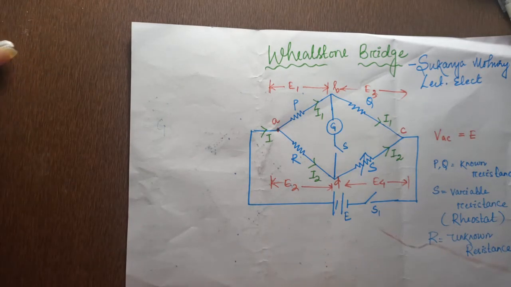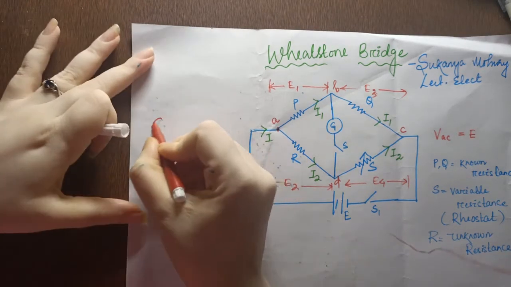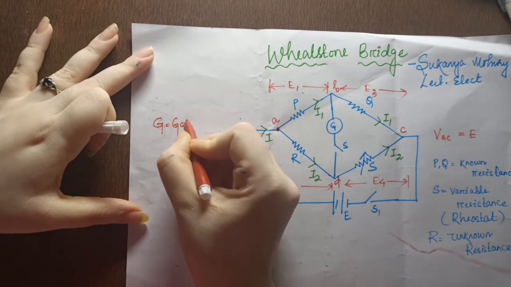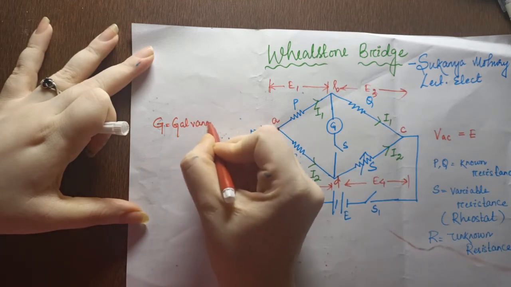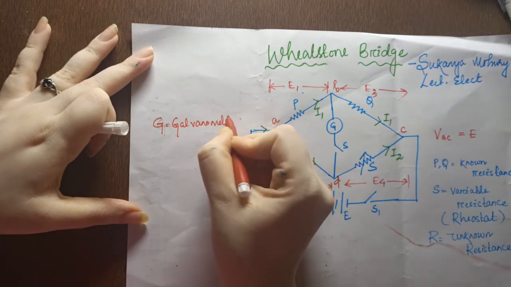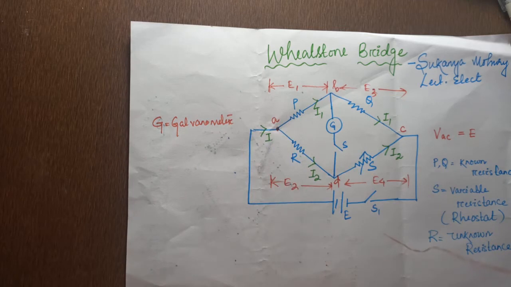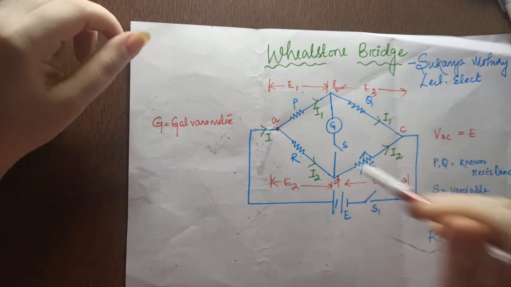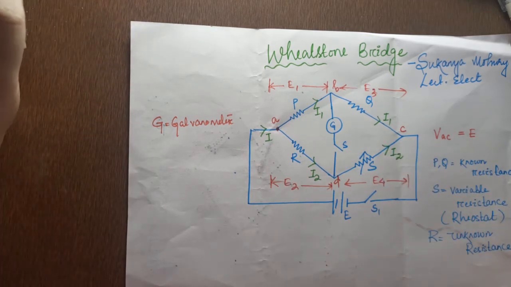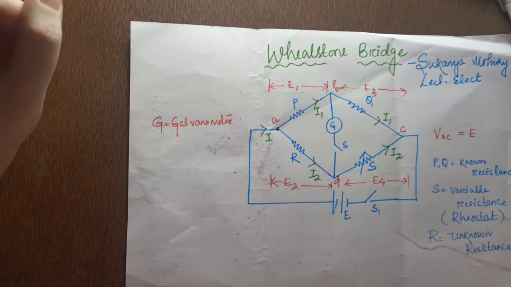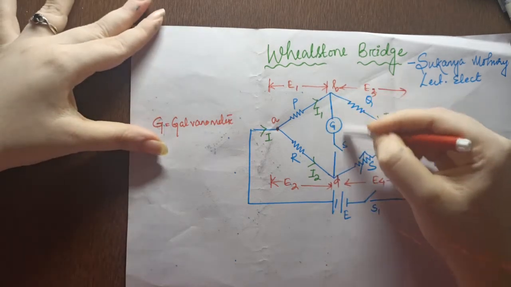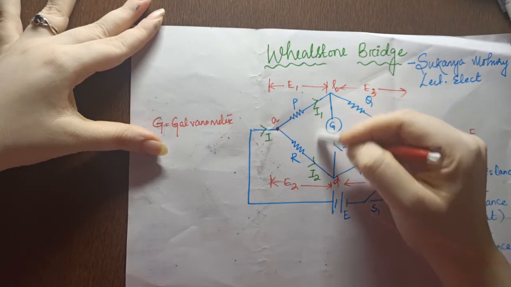Its presence is required because when the bridge gets balanced, the galvanometer will show zero deflection. It means no current should flow through this circuit.